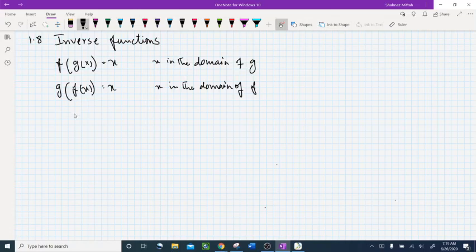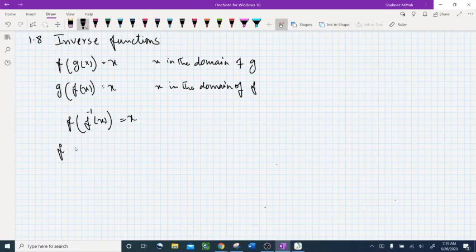We can rewrite this in another way. When f of g of x equals x, we can say that the function g is the inverse of the function f. And when you get x the other way around, then f is the inverse of g.